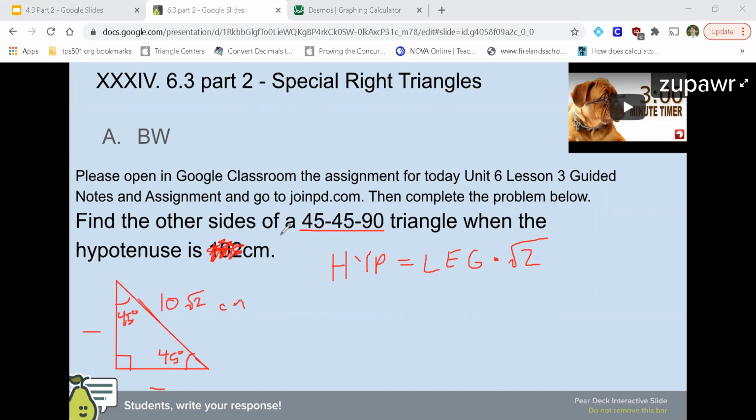That's the formula you need to use. For our case, our hypotenuse is 10 square roots of 2. So if I plug that in to my formula, I get 10 square roots of 2 is equal to the leg times the square root of 2.